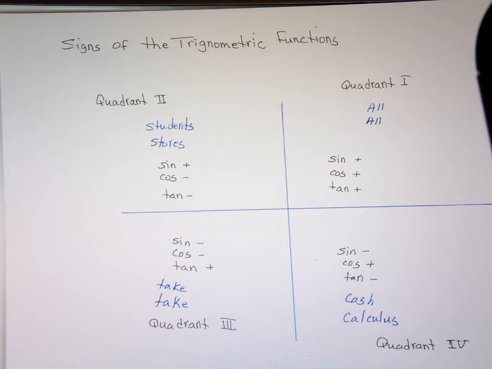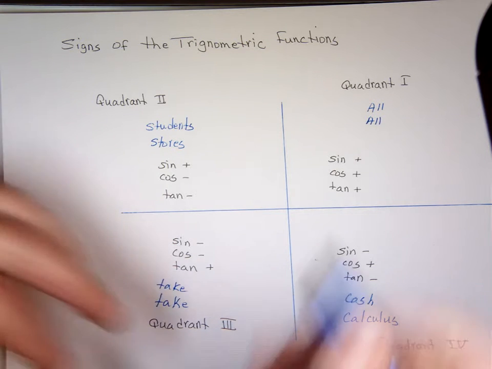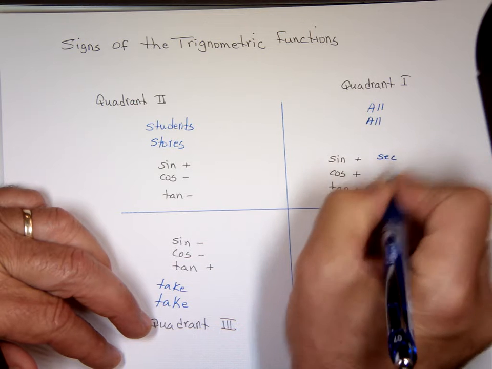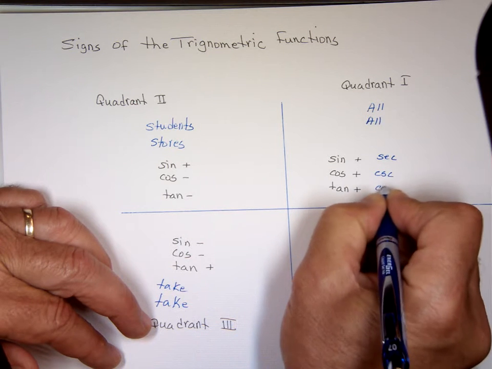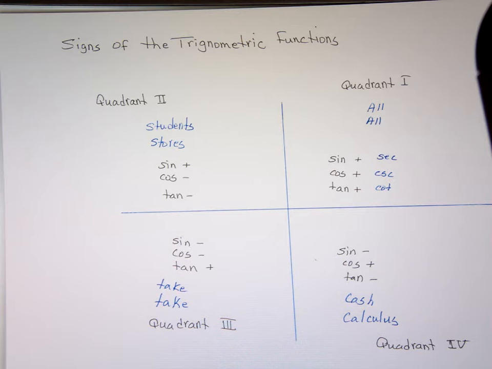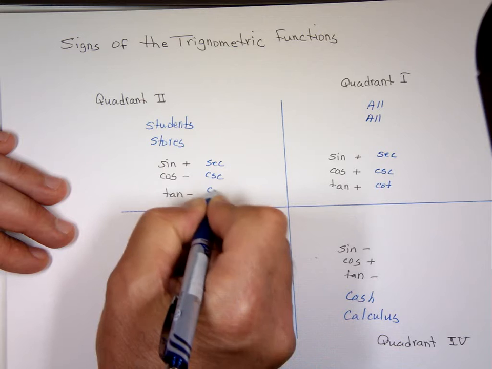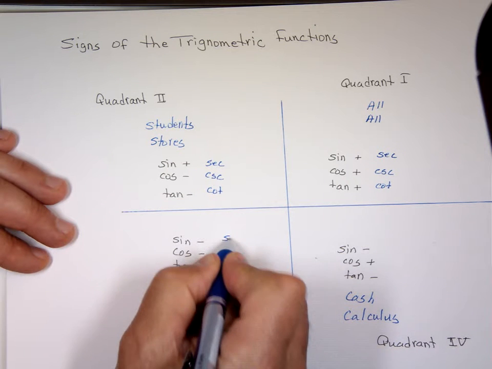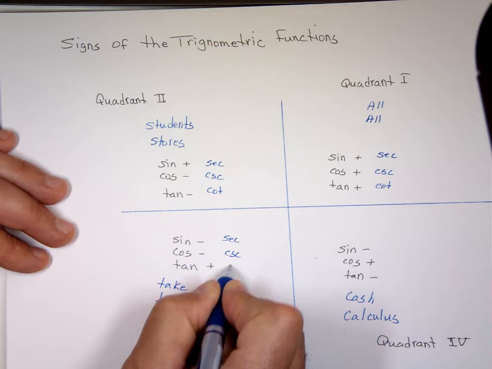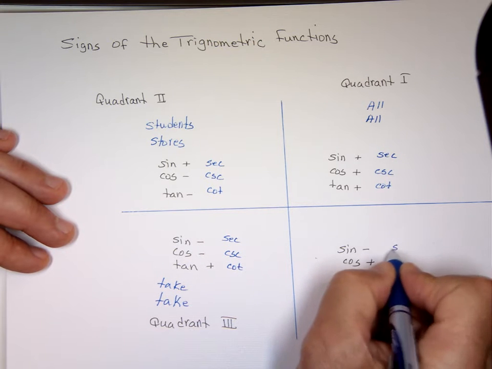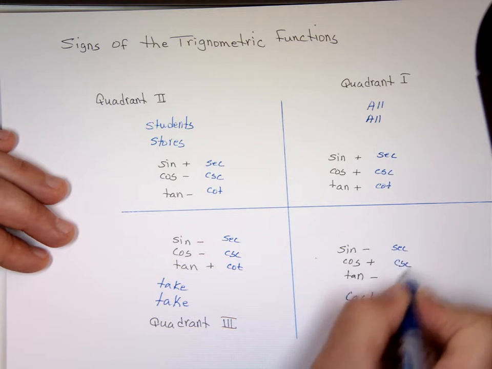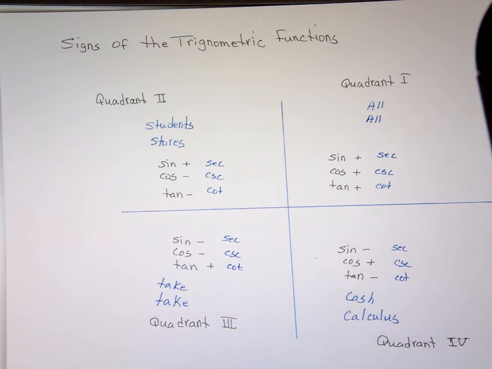Now, we're going to extend that to the other three trig functions: secant, cosecant, and cotangent. Let's talk about secant.